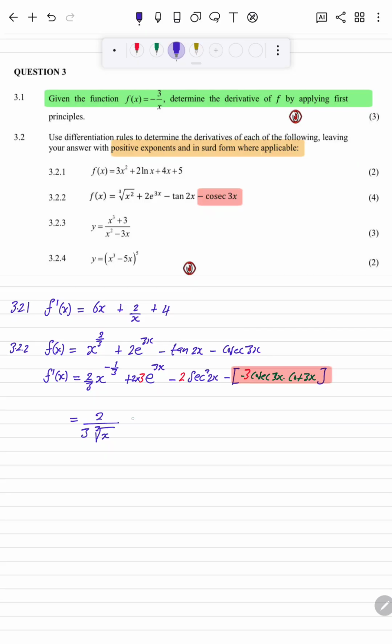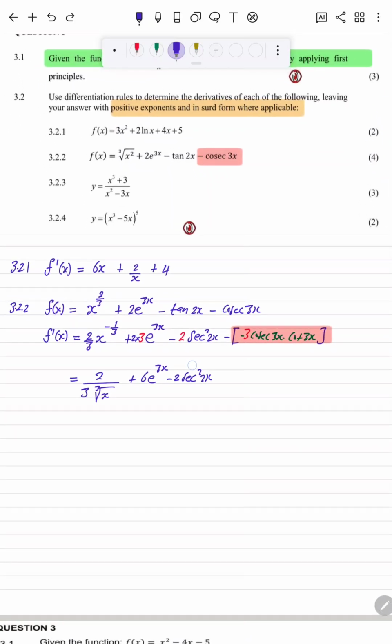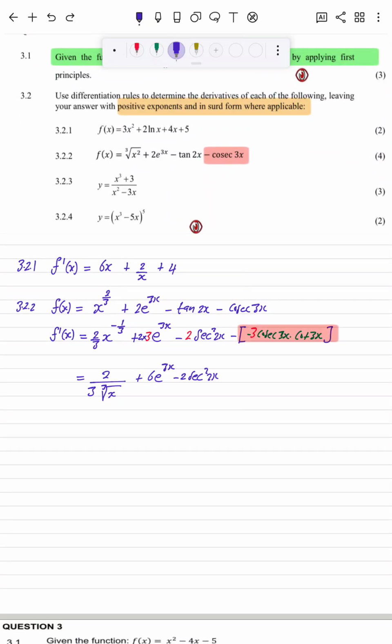Then the second part, 2 times 3 is 6, so that's going to be 6e to the 3x, and then minus 2 secant squared 2x. So this is going to be the desired answer. Ignore the cosecant, it's not covered in the syllabus as I have indicated. Then 3.2.3.